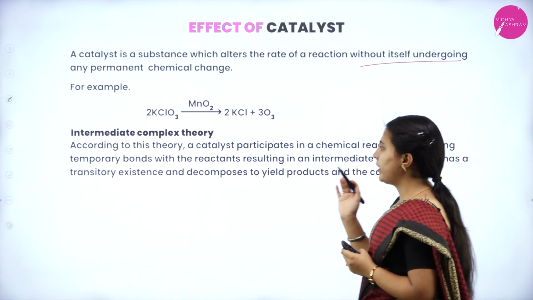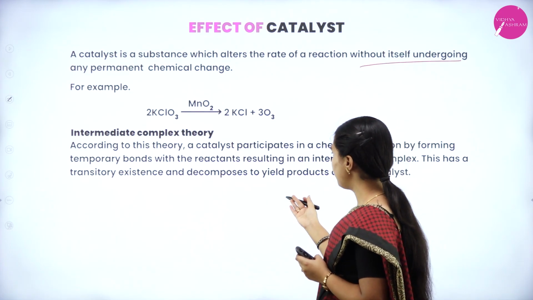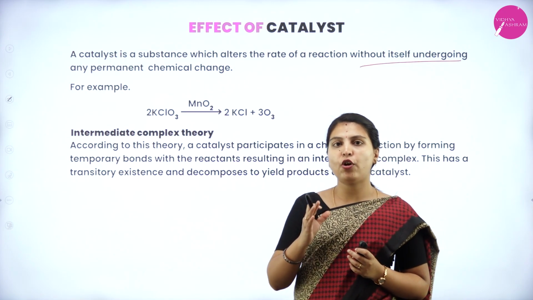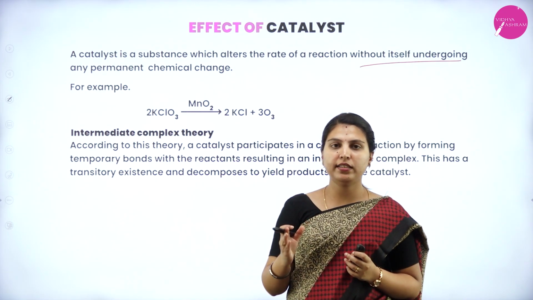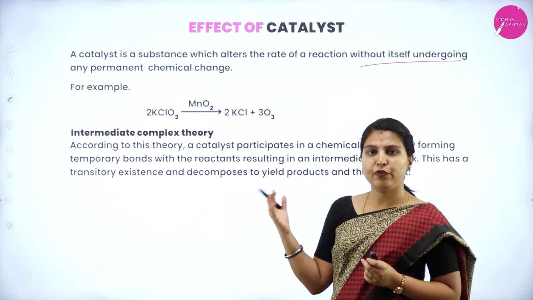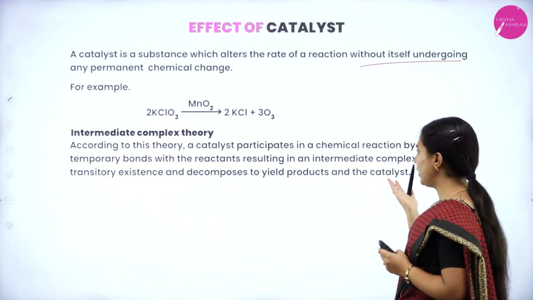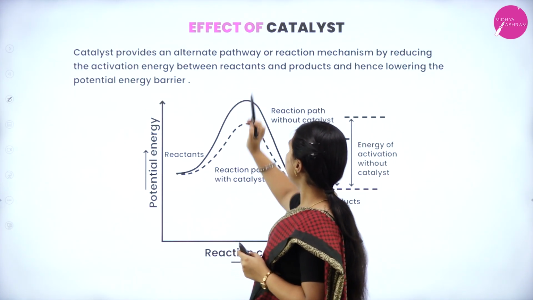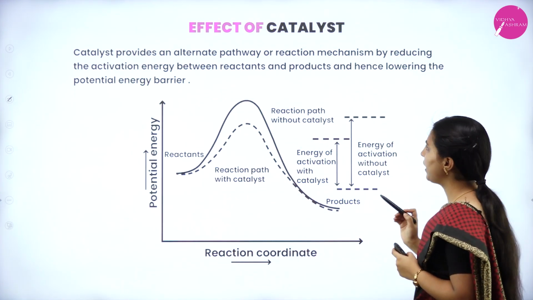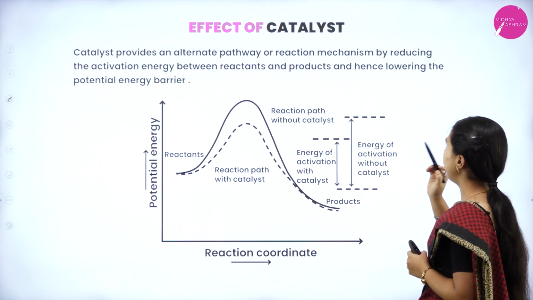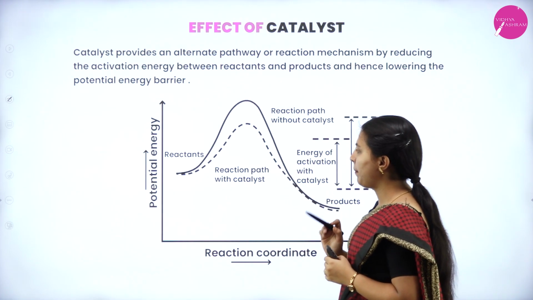This has transitory existence and decomposes to yield products and the catalyst. Catalyst provides an alternate pathway or reaction mechanism by reducing the activation energy between reactants and products, and hence lowering the potential energy barrier.